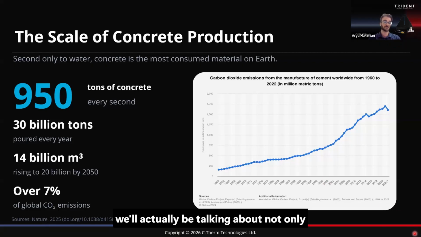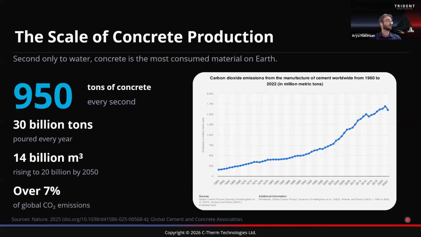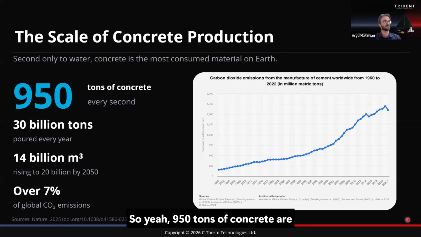So we'll actually be talking about not only just general concrete, but some of the more, we'll say, bio-based alternatives that are trying to combat some of these negative issues that the general production of concrete is essentially causing in the world. So yeah, 950 tons of concrete are produced every second, which is hard to imagine.